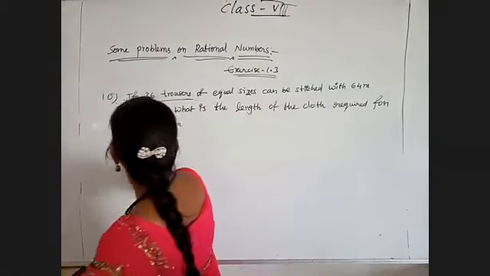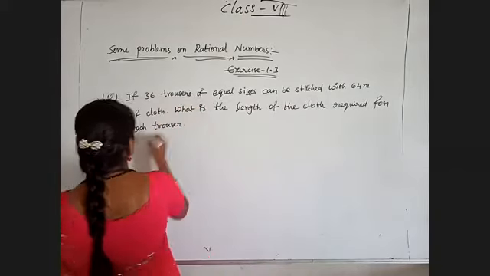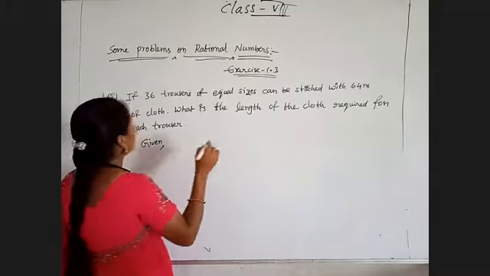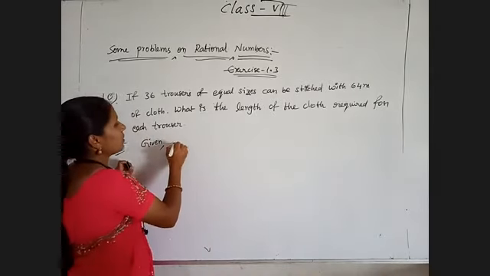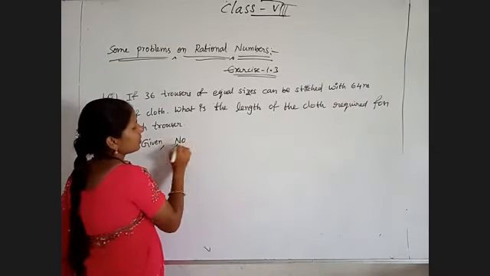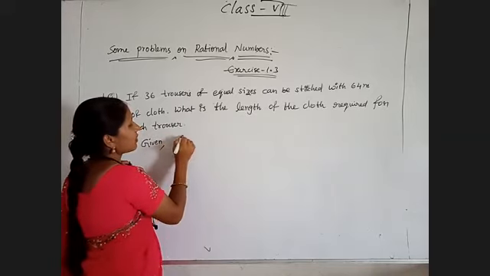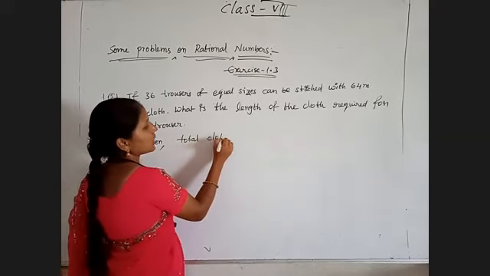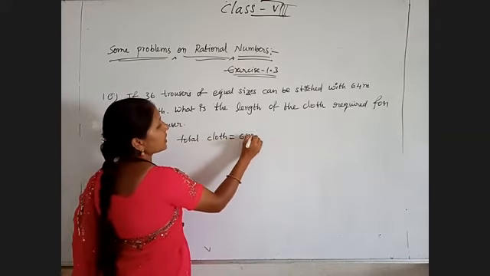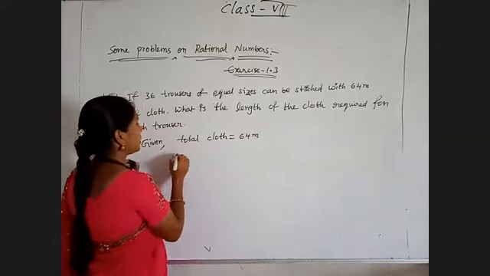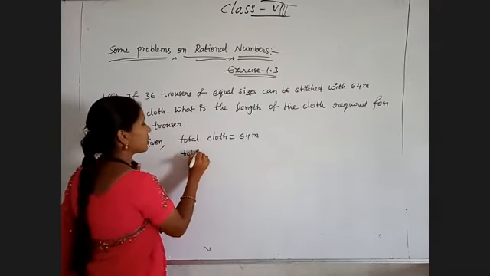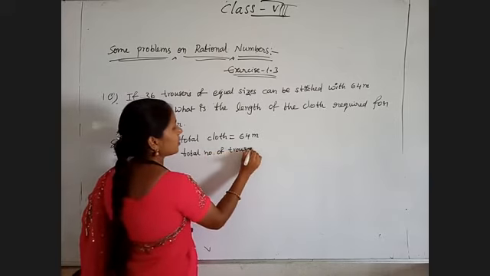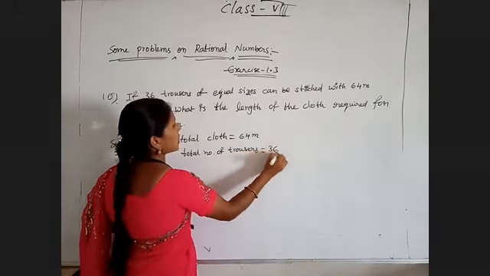So now observe, in this question given, total cloth is equal to 64 meters, and total number of trousers is equal to 36.